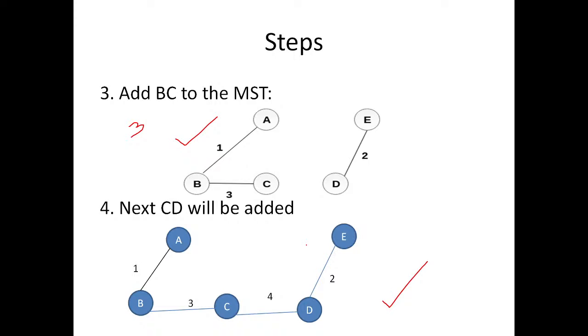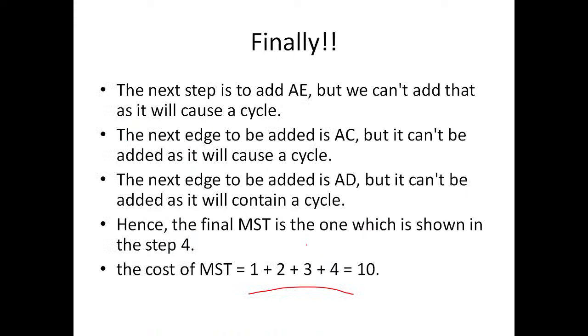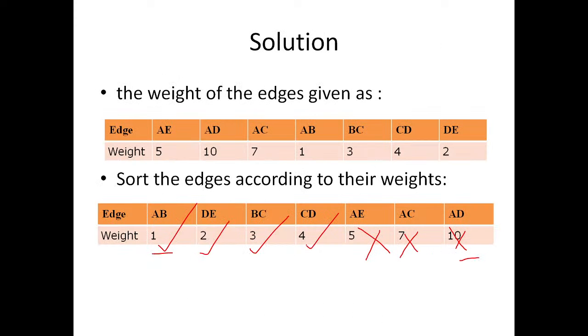Okay, is it clear? And if someone asks you the total weight of the spanning tree, you can say that the total weight is the summation of all the edge weights of that MST. So I hope it's clear to everyone. Shall I repeat the whole session?